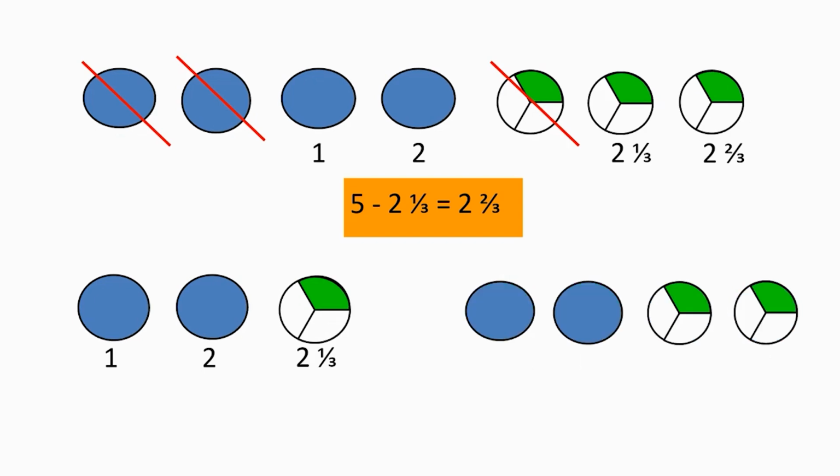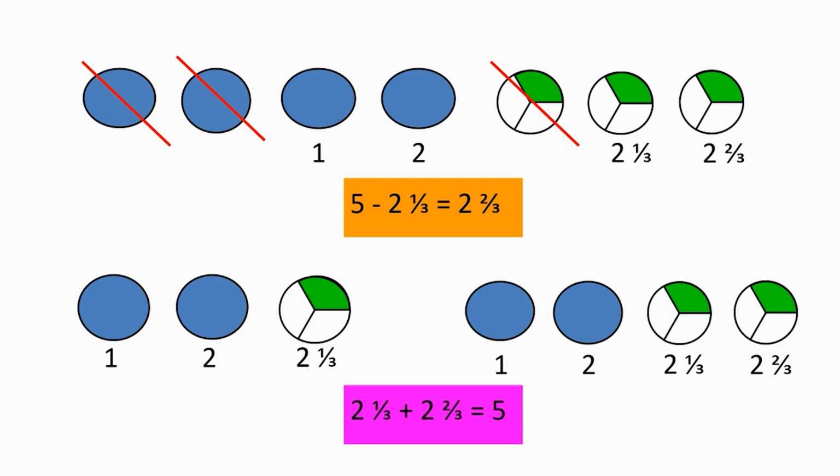So to figure out how many more we added, we can start counting the whole circles first and then add the fractional parts. 1, 2, 2 1/3, 2 2/3. So we added 2 2/3 more to get to 5. What equation represents that strategy? 2 1/3 plus 2 2/3 equals 5.